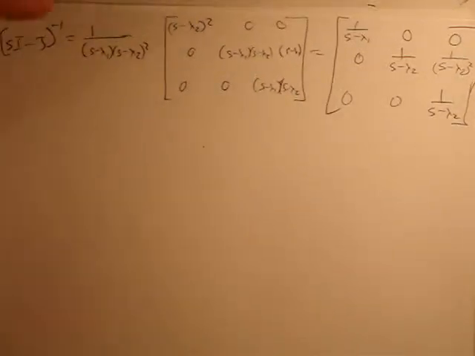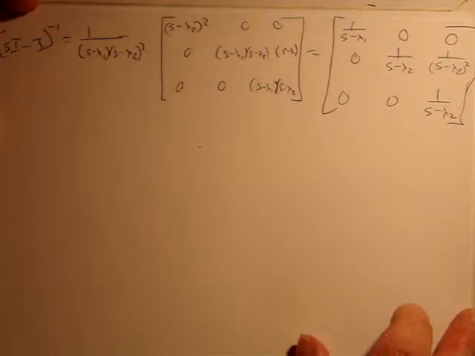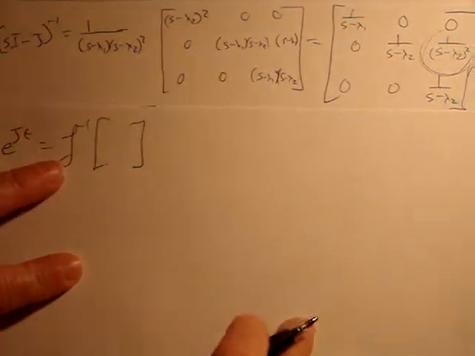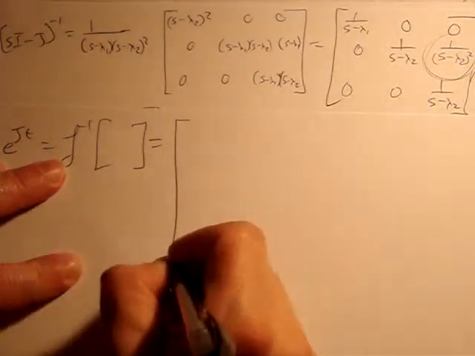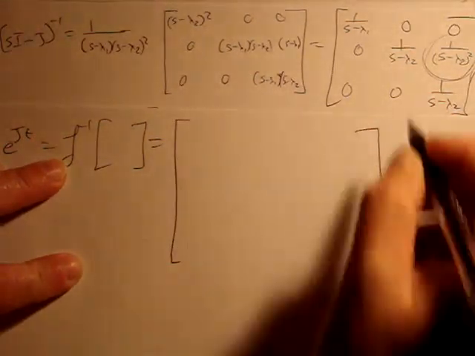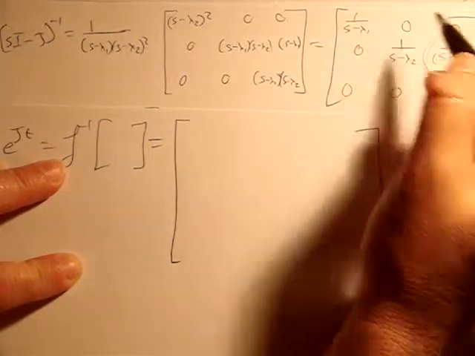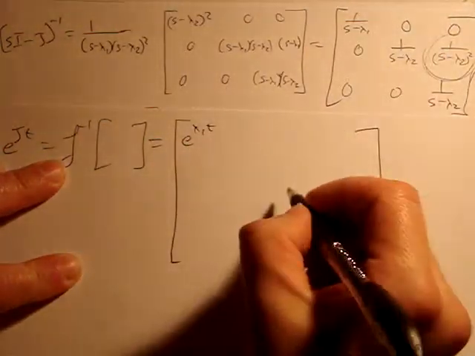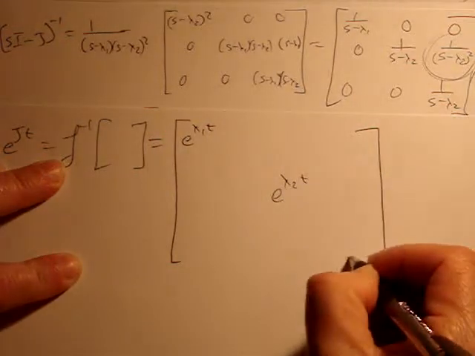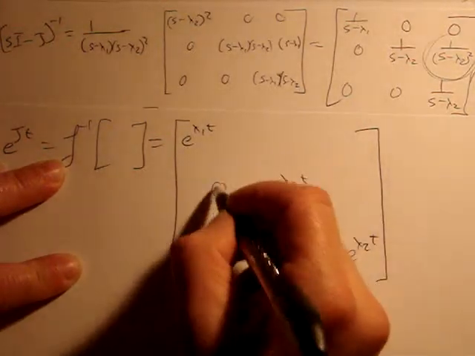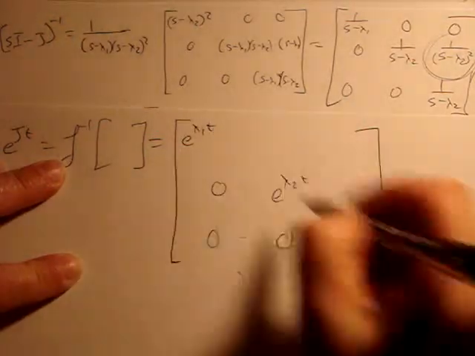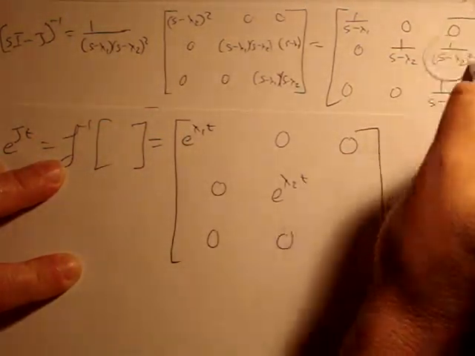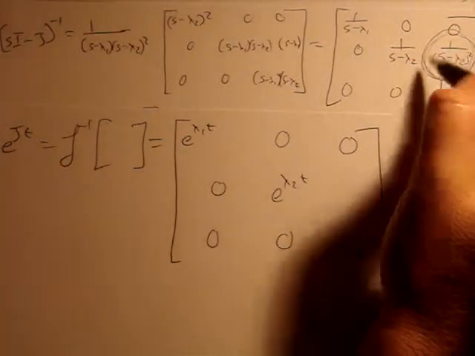Alright, so to finish finding our e to the Jt, we need to take the Laplace inverse of the matrix we just found. Do that term by term. 1 over s minus lambda 1 just transforms to e to the lambda 1t. Same thing for the other two, e to the lambda 2t, e to the lambda 2t. And so if you were doing a Jordan form with distinct eigenvalues, all you had were the diagonal terms. But now we have one more term because of our 1 in our Jordan form.